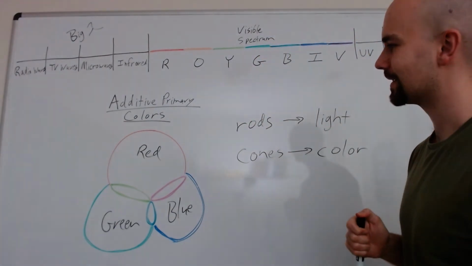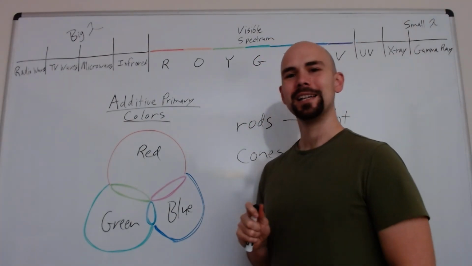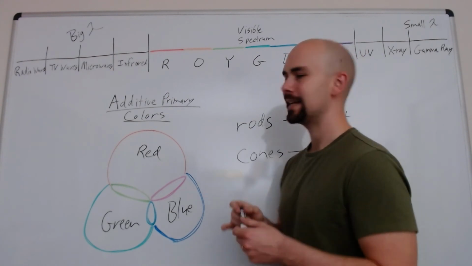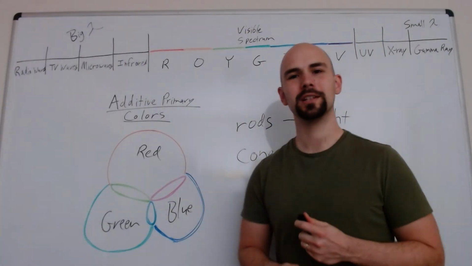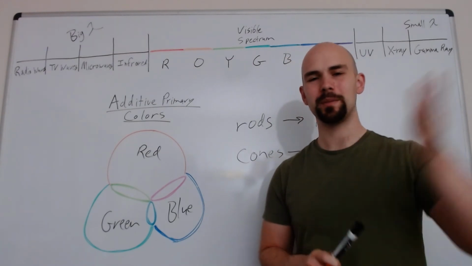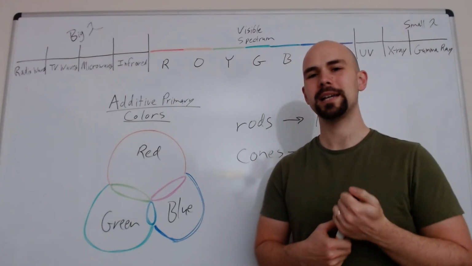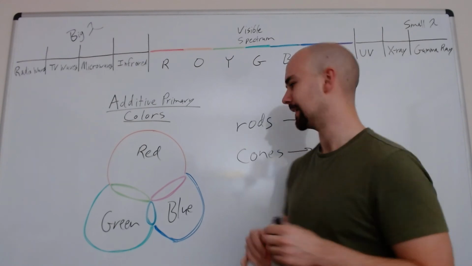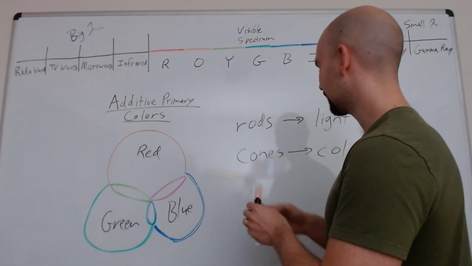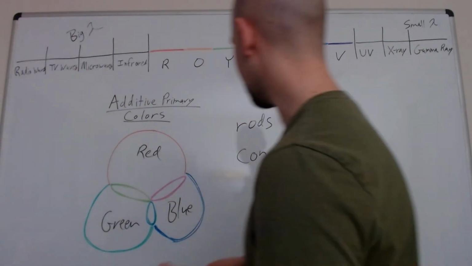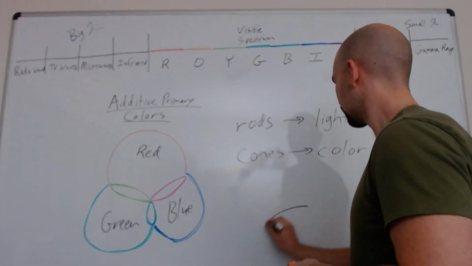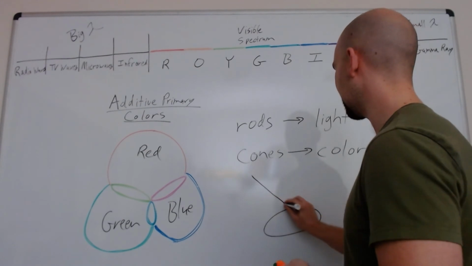Basically what happens, interestingly enough, is when white light strikes an object, remember that anytime an object is struck by light, some light is going to be reflected and some is going to be refracted. So if I have an object which is green, here's the white light hitting it.